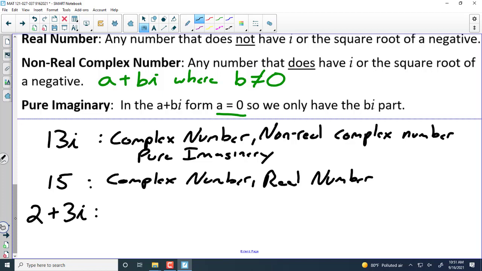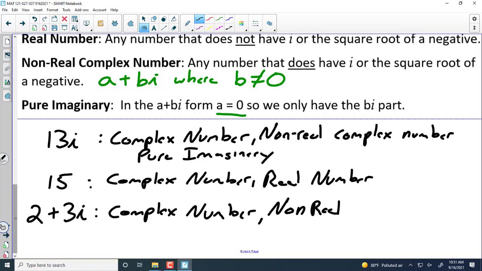Is that a complex number? You don't even need to look up. Is that a complex number? Yeah. It is also a non-real complex number because it's got the I in it. It's not real because it has the I, and it's not pure imaginary because it has that 2 plus in front, or the 2 in front.